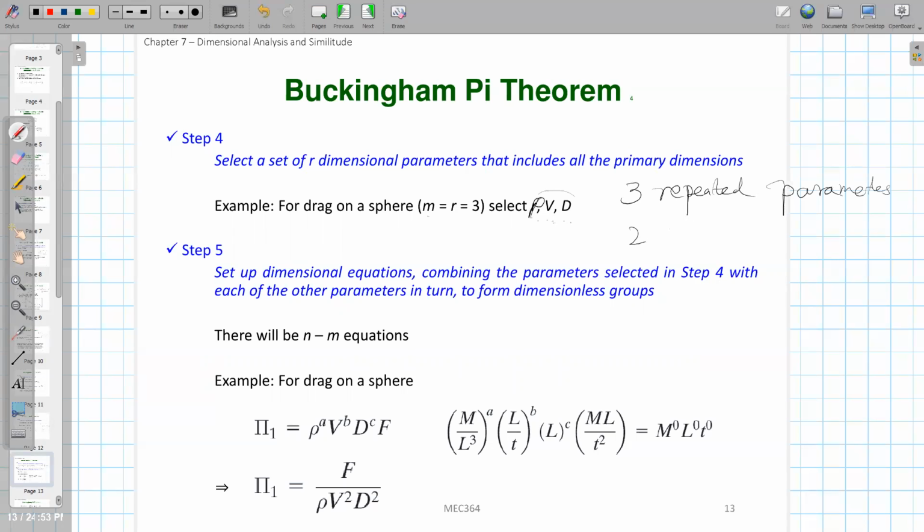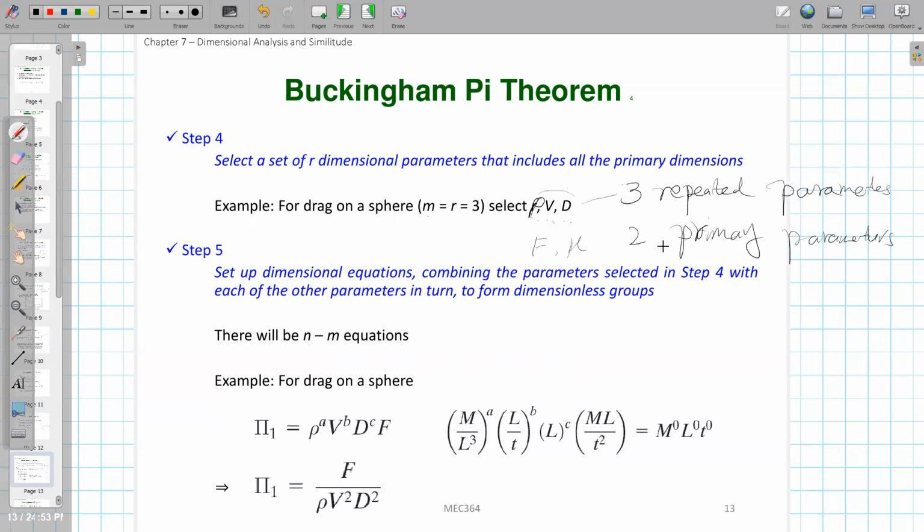So you will have 2 primary parameters. This rho, v, d will be the 3 repeating parameters, and the remaining 2, which are f and mu, are called the 2 primary parameters.